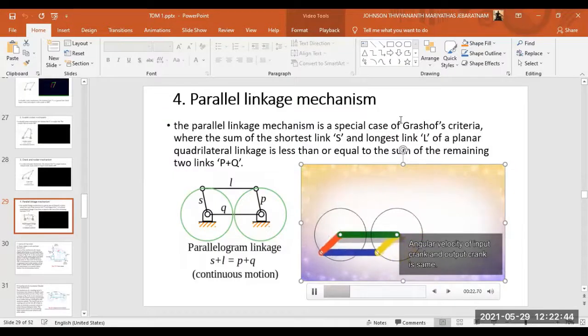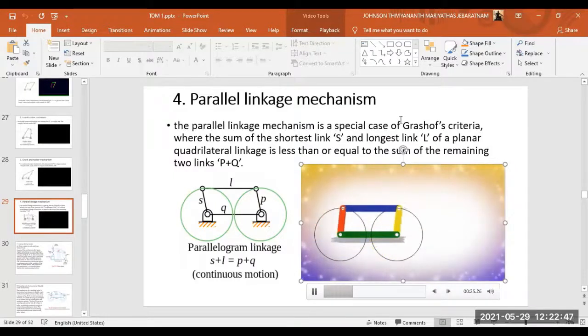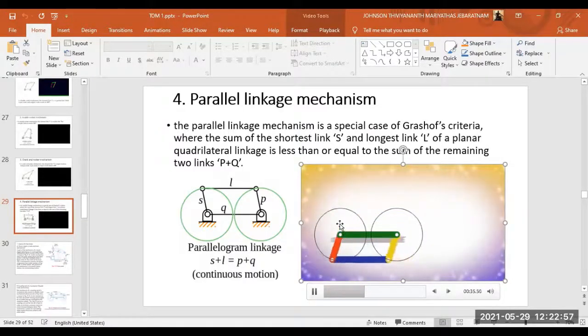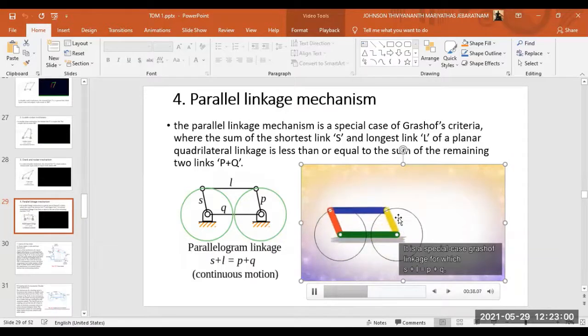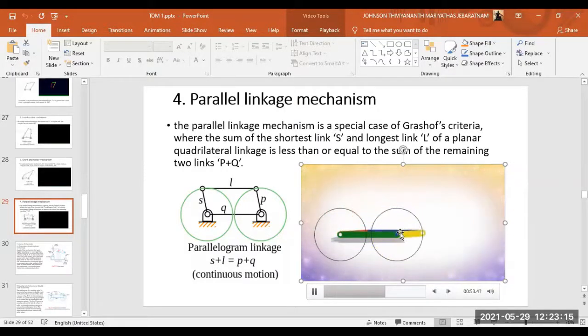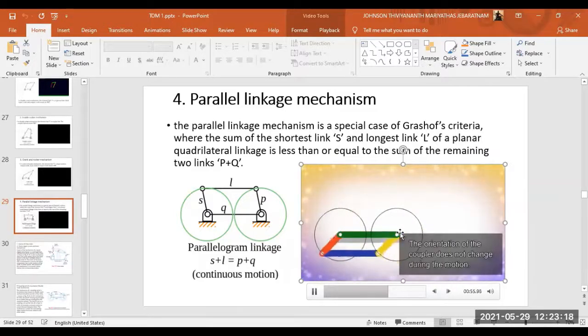The sum of the shortest link S and the longest link L of a planar quadrilateral linkage is less than or equal to the other two remaining, P and Q. If it is making a parallel mechanism, you should understand that the red link and the yellow link are going to be equal in size, as well as blue and green are going to be equal in size. Right? So either green and yellow will be equal to red and blue. That's why it's known as a kind of special consideration, right?